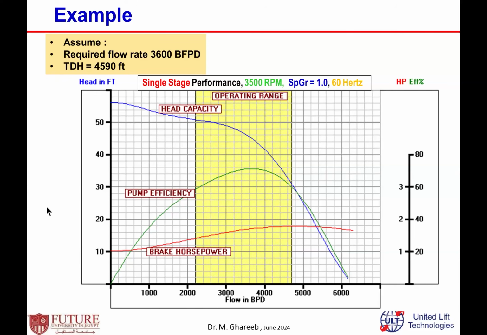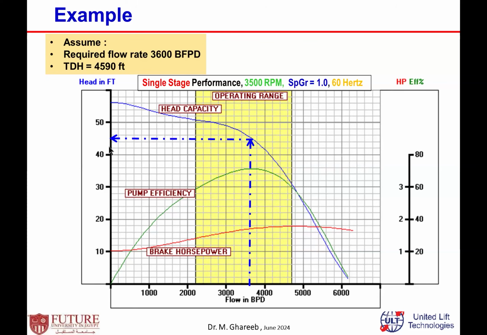if I want to produce 3,600 barrels per day, then I come to 3,600 barrels per day and go up until I reach the head capacity curve. On the head capacity curve, I have to measure what the head per stage is that this pump can produce in order to produce 3,600 barrels per day.